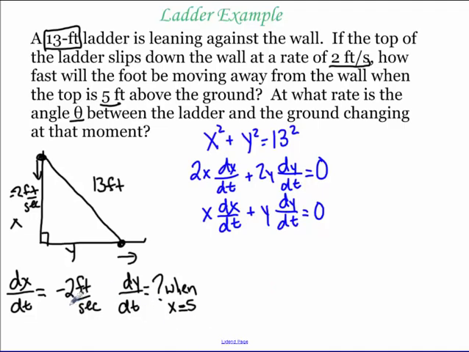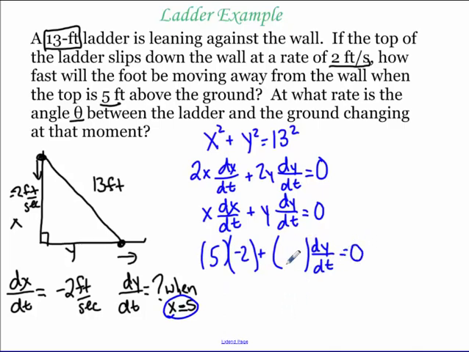Now plug in. We know dx/dt is -2 feet per second. I don't know what x is, we'll talk about that in a minute. We don't know what y is, but we're looking for dy/dt. We want to find dy/dt when x is equal to 5 at that instant. So I plug in 5.